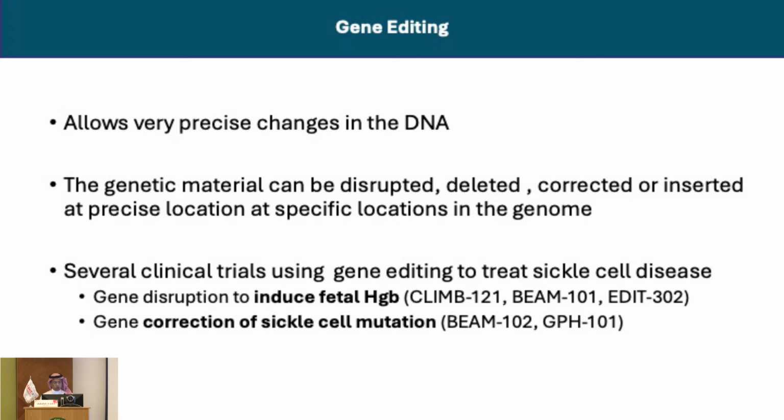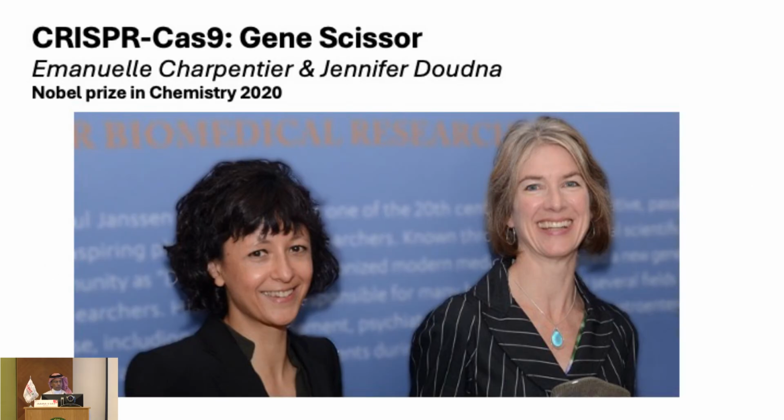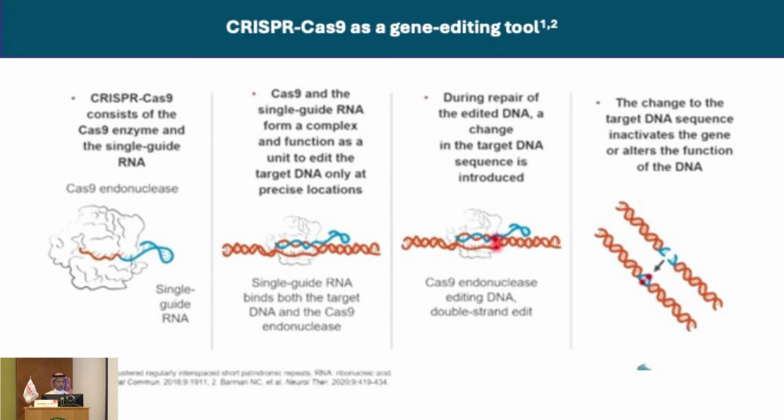I'm not going to go through them, but thanks to these 2 scientists, Dr. Charpentier and Dr. Doudna, they won the Nobel Prize in 2020 in chemistry for their discovery, the CRISPR-Cas9. Interestingly, their observation on how the bacteria defends itself against viruses was through this mechanism, and they learned that and applied it on humans and clinical trials.